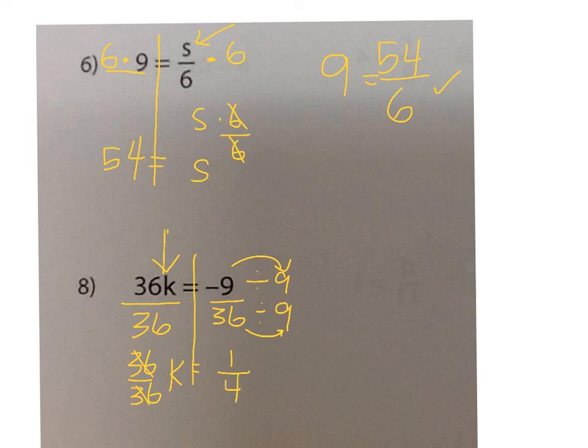So k is equal to 1/4. Now could I divide 1 by 4? I could, and I would get a decimal. And it would turn out that 1/4 is the same as 25 hundredths. And that's our answer.